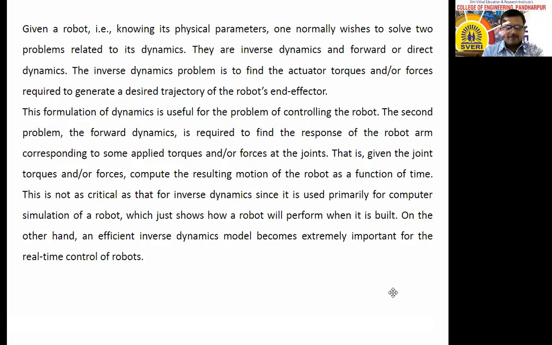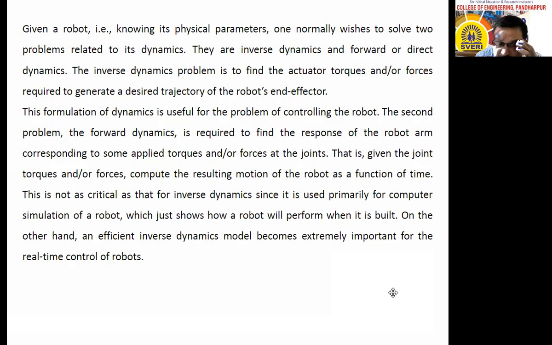The second problem, the forward dynamics, is required to find the response of the robot arm corresponding to some applied torques and/or forces at the joints. That is, given the joint torques and/or forces, compute the resulting motion of the robot as a function of time.